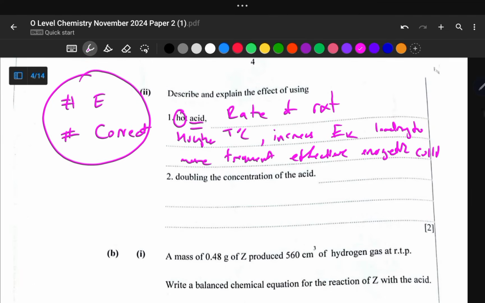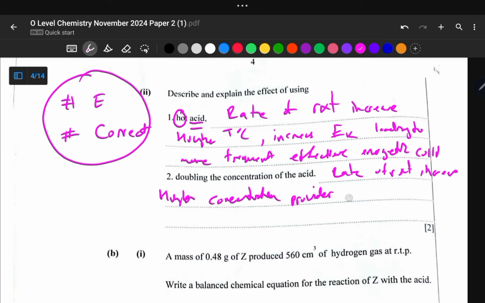And then state the effect of doubling concentration. So the effect of doubling concentration will cause the rate of reaction to increase, right? So why? With a higher concentration, it will provide more protons, right? Acid will dissociate to form protons, which are the reacting ions in the reaction.